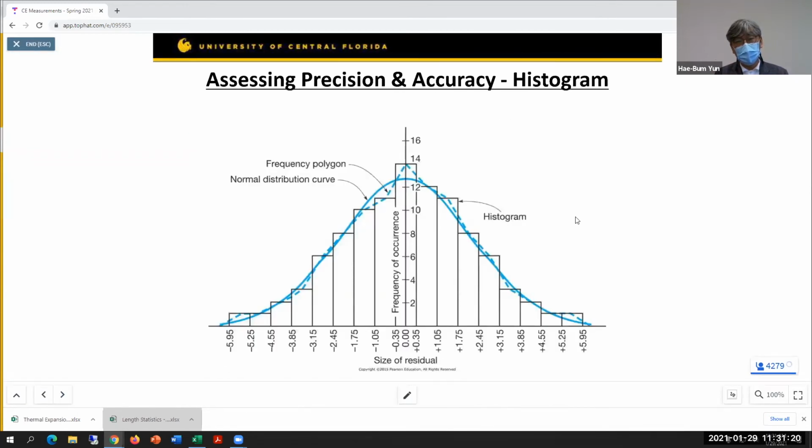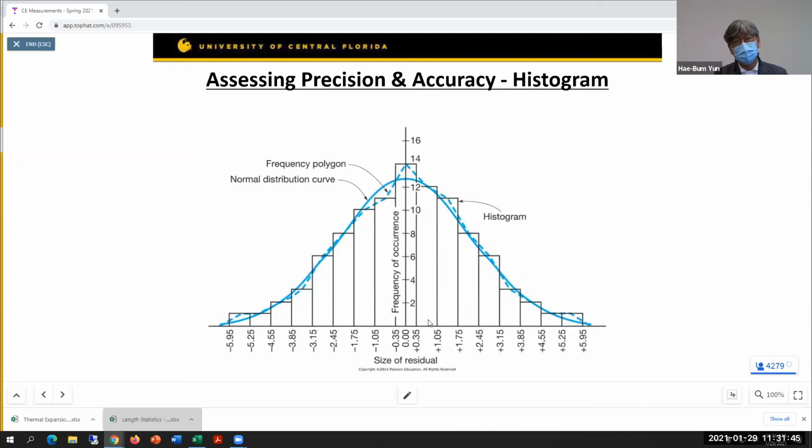I can show you in this slide. This slide shows a histogram using the class interval of 0.7 seconds. If you count these bins, we have 17 bins, okay?